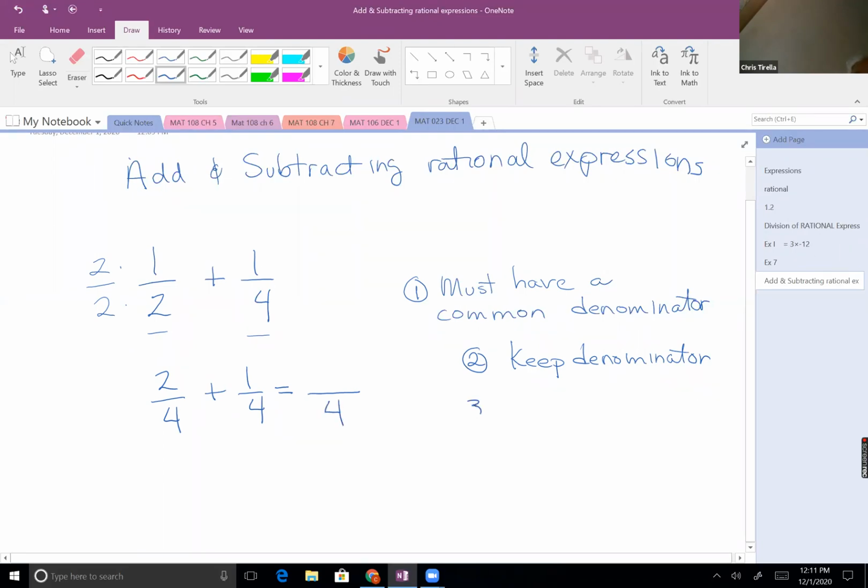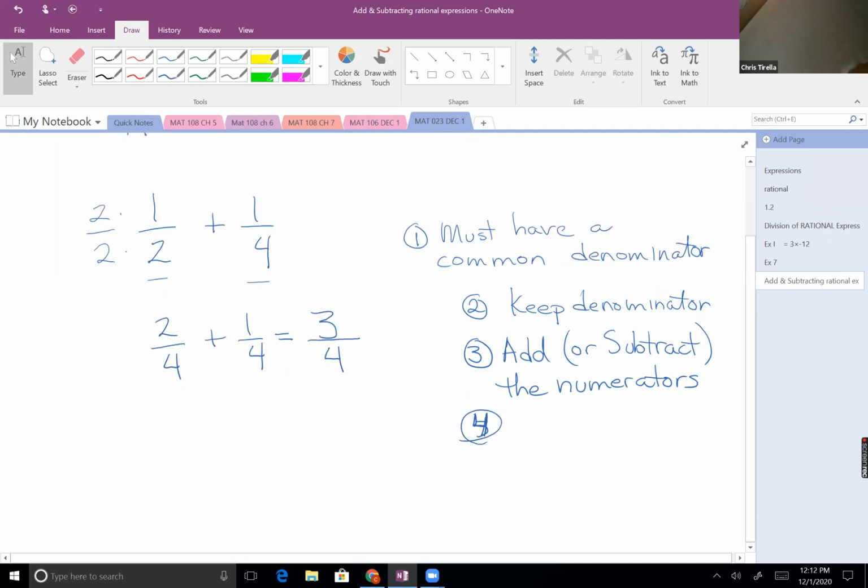And then I add if it's an addition problem, or subtract if it's a subtraction problem, the numerators. And then I simplify if possible.